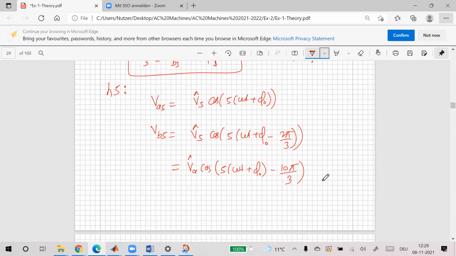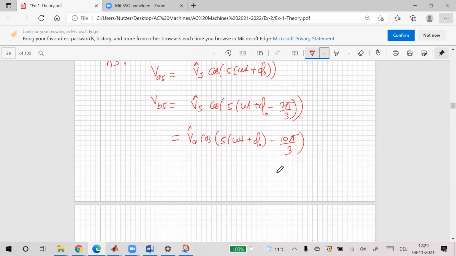Now we want to solve this 10 pi over 3. You know that if we subtract 2 pi from this, it is not going to change the phase because it's just a rotation by 2 pi. Then we get 4 pi over 3, right? So can I write this as V5 cap cos 5 omega t plus phi naught minus 4 pi over 3?